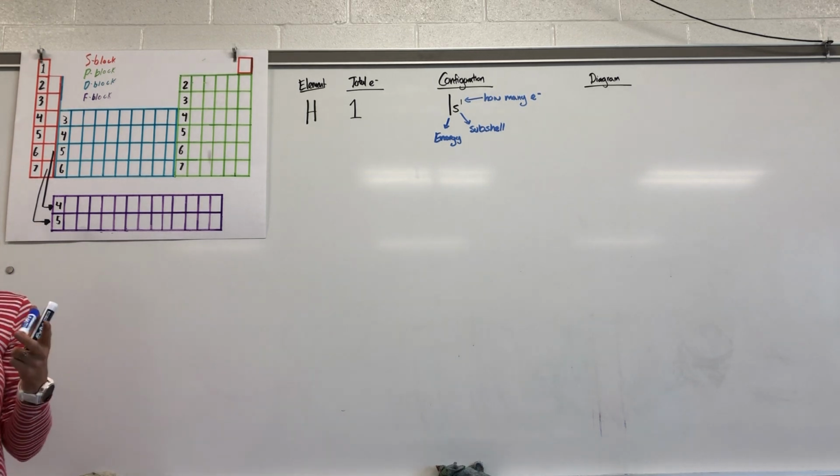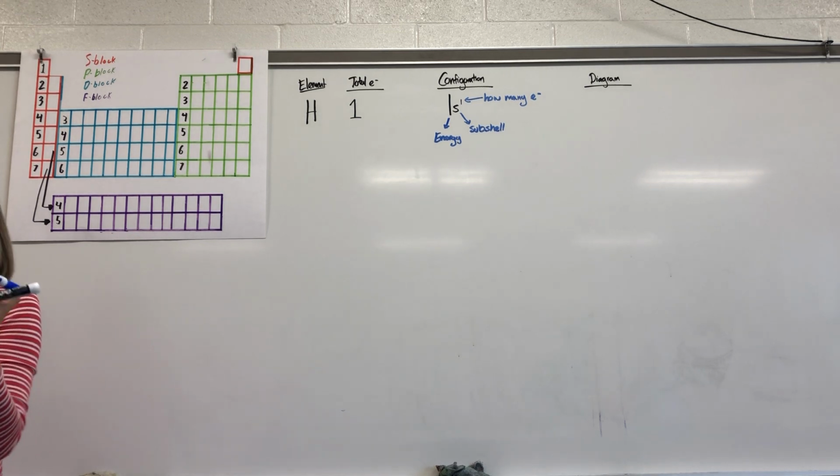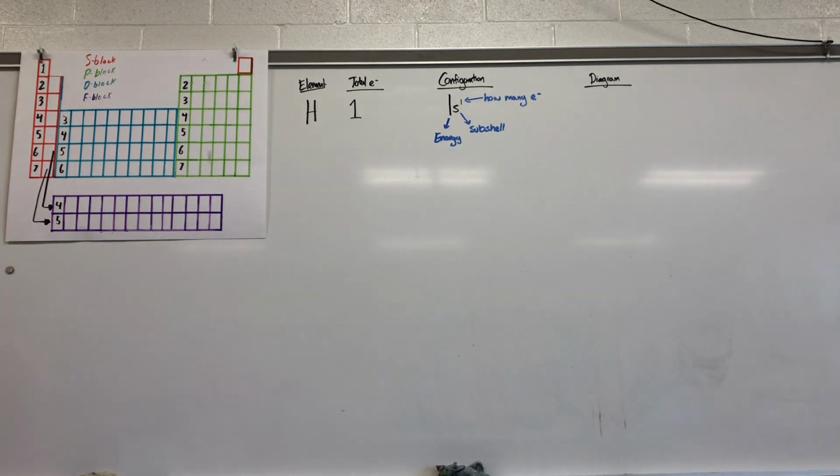It's a notation. Okay, we're not gonna do math with these numbers or anything. It's just telling us information. The way we read them is you would read this as 1s1. Same thing as if it was like 2, you'd say 1s2. You would never say 1s squared, because squared indicates that you're doing math on it.